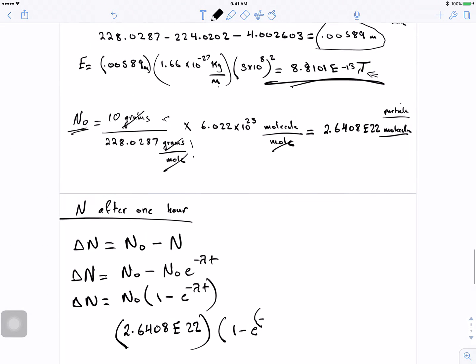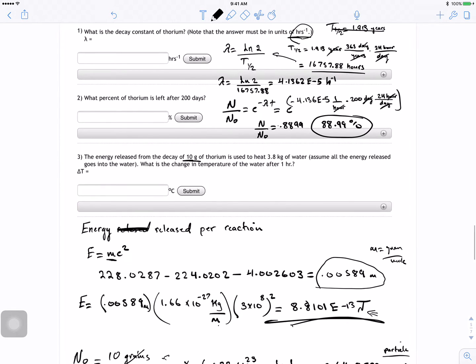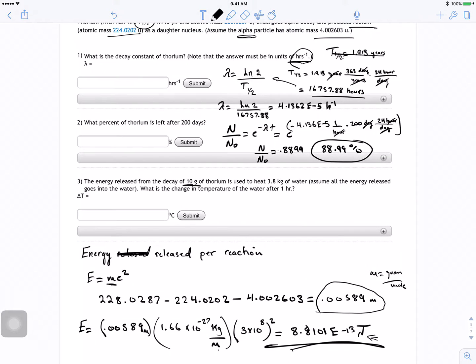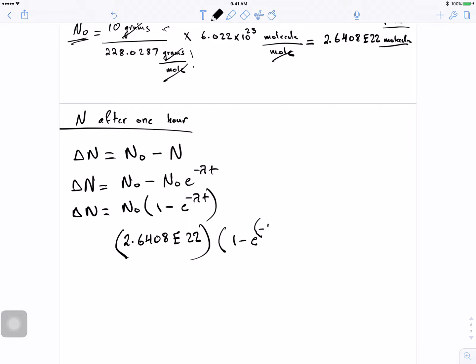Let's find this number, where did it go? 4.136, and it was e to the negative 5. Time is 1 hour. This is in 1 hour, so let me write it in a better way.